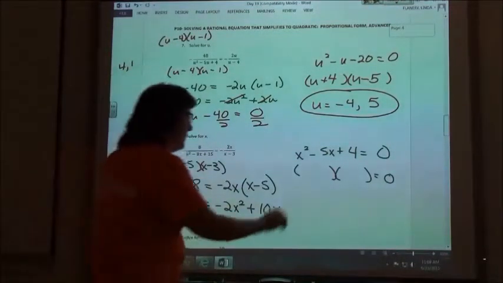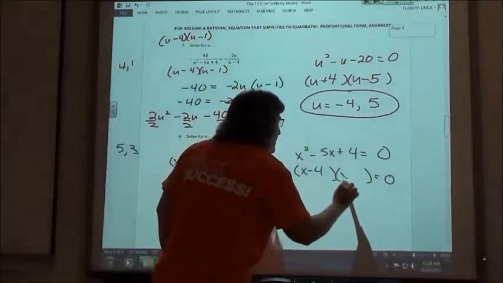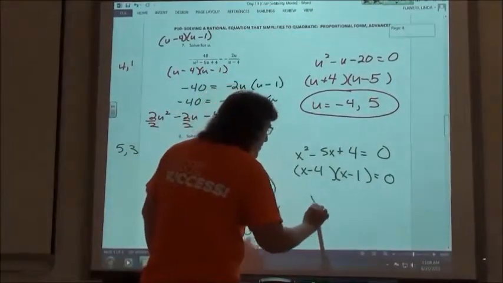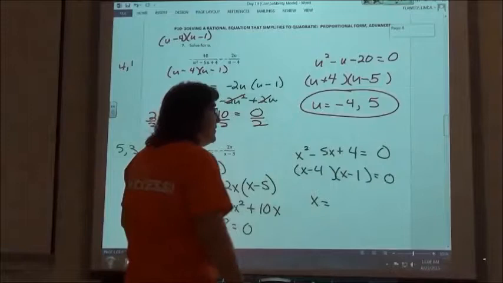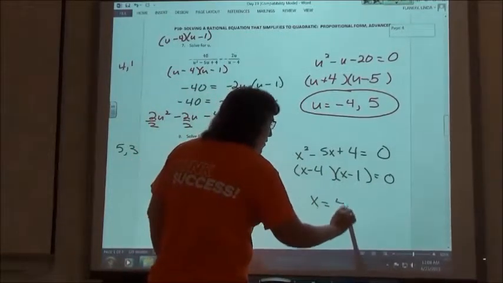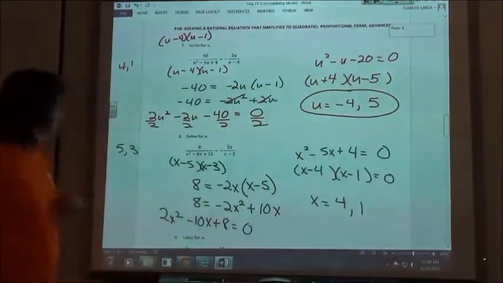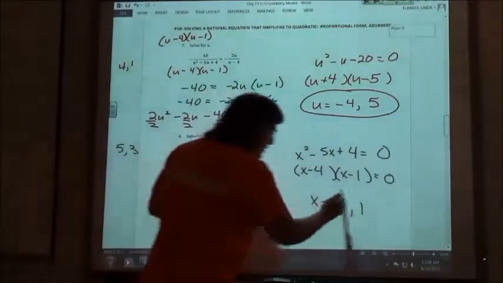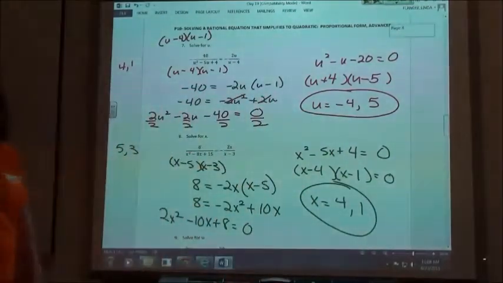X minus 4 and x minus 1, which means my two possible answers would be 4 and 1. My restrictions were 5 and 3, which doesn't include 4 or 1, so both of those should be okay.